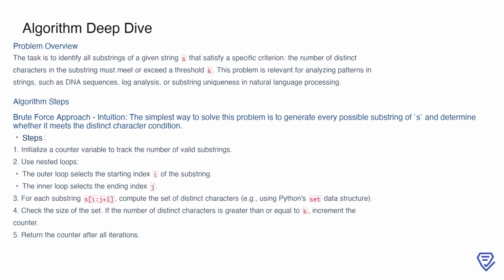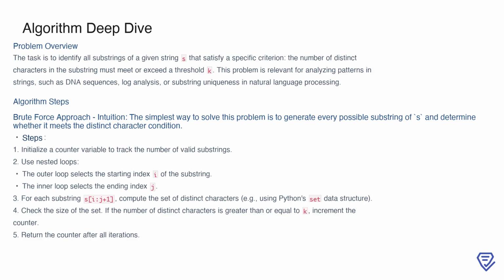The most straightforward way to approach this is the brute force method. Here, the intuition is simple: we generate every possible substring and check whether it satisfies the condition. To break this down, we initialize a counter to keep track of valid substrings. Using nested loops, we consider all possible starting and ending indices of substrings.